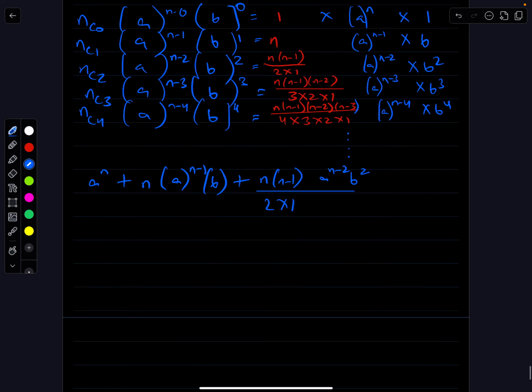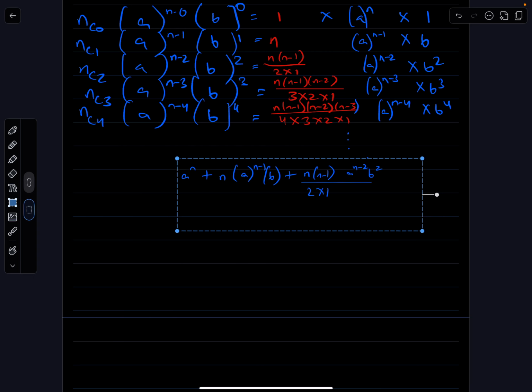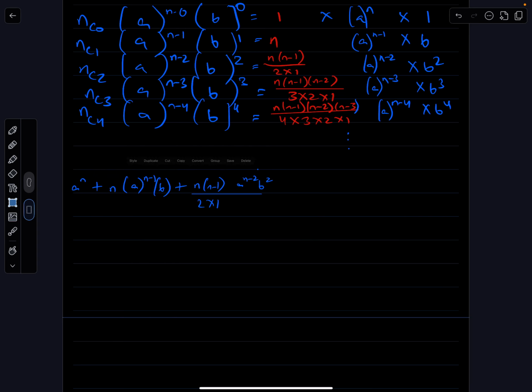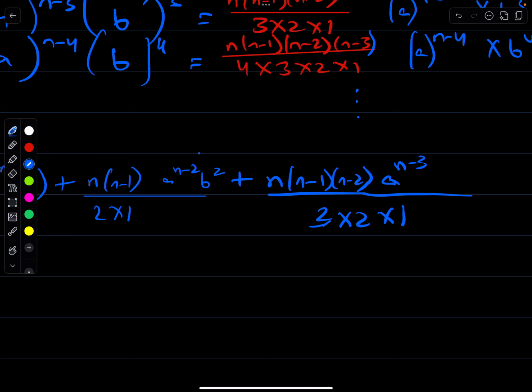Similarly, let's shorten this up a bit. Similarly, I'll have nC3. This would be 3 to 1 and a^(n minus 3) and b cube.